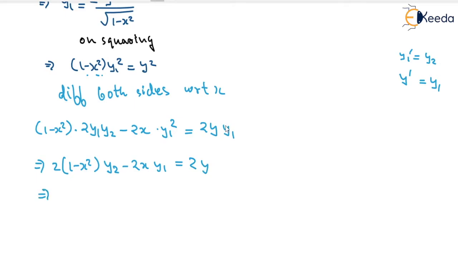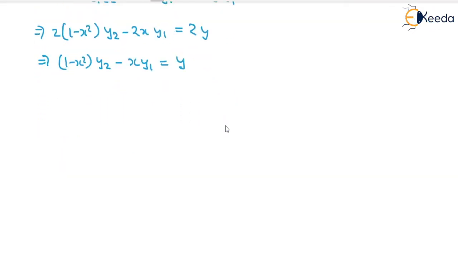So why not write it as 1 minus x square y2 minus x y1 equal to y. So after this, now we can apply Leibniz theorem and find some of the general term.